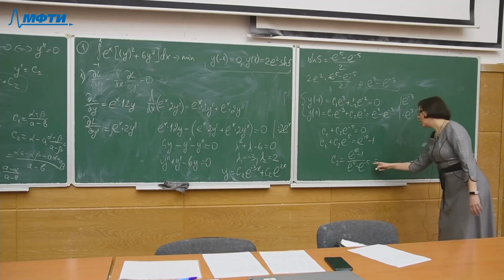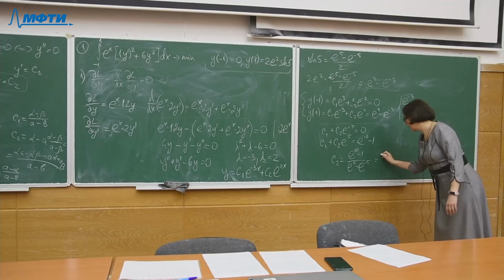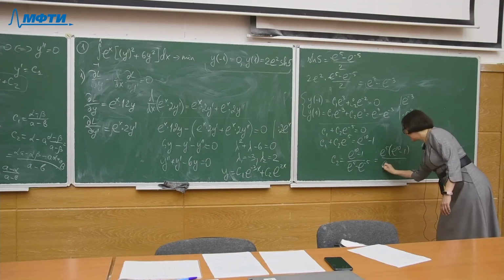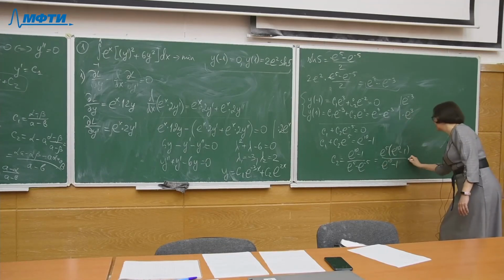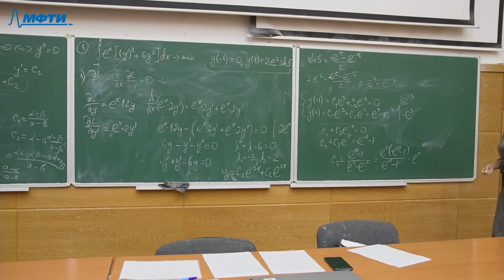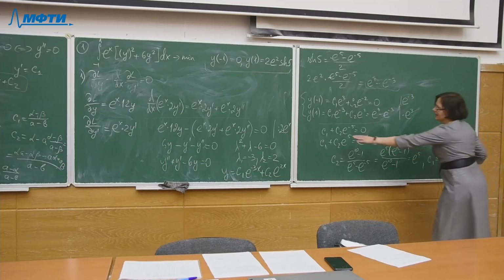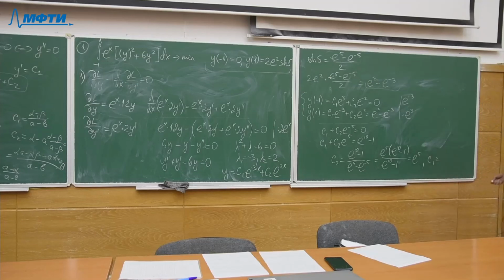If we multiply, c2 is e to 5 times e to 10 minus 1 over the denominator, and c1 can be obtained from the equation. It is -1.